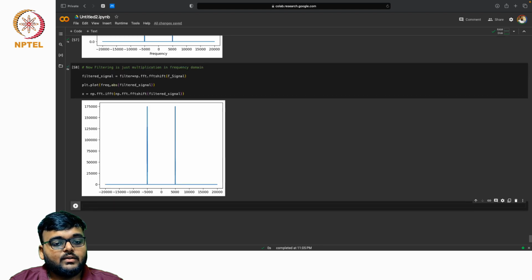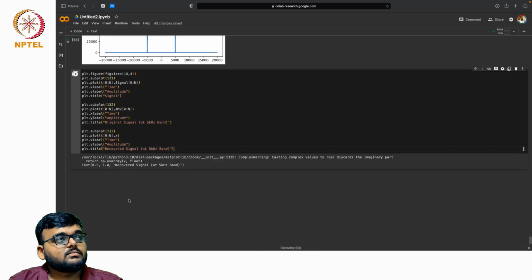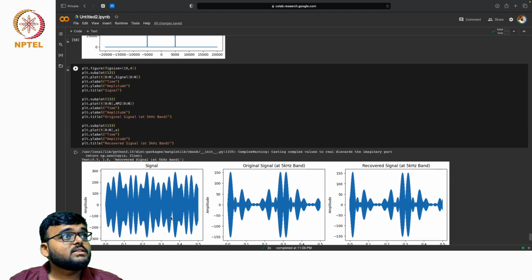Now if we do the inverse Fourier transform of this, we should get the actual signal. What we gave is this signal. The original signal at the 5 kilohertz band is this, and what we recovered is the same. So you can recover the signal. This shows the importance of filtering.